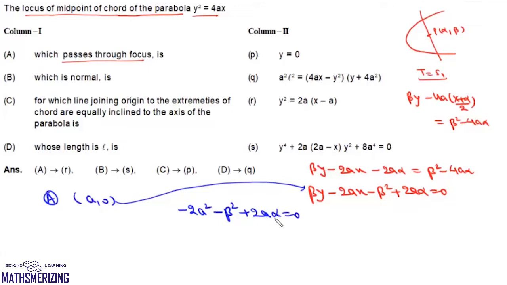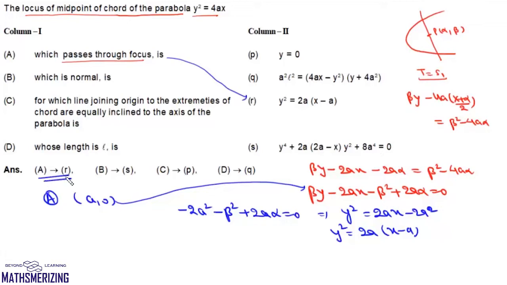Now we'll replace alpha with x and beta with y. So we'll get this locus as y square equals 2ax minus 2a square. So we'll take 2a common, so it'll be y square equals 2a times (x minus a). So option A matches with R.